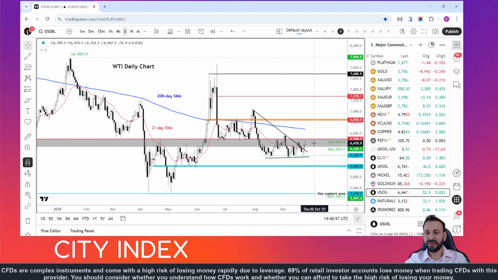However, it does need to go above 65 for me to turn a little bit bullish on the crude oil outlook. The overall trend, though, is still slightly bearish to neutral at best, given the fact that the OPEC is pumping more oil than is needed at the moment, and the demand forecast is remaining weak. So I'll take this breakout with a pinch of salt.